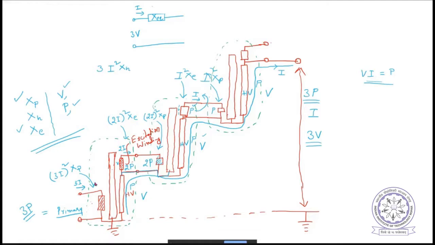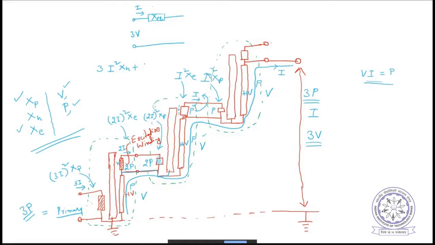I am trying to write all reactive powers in terms of I, because ultimately I have to cancel the I. So total reactive power in this will be 3I square XH plus the primary windings.